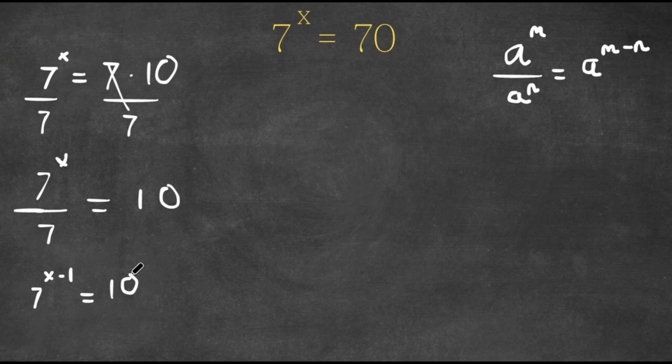So now what we're going to do is take the log of both sides. So now we have log 7 to the power of x minus 1 is equal to log 10.